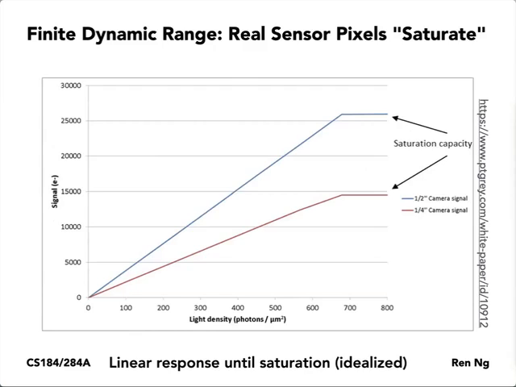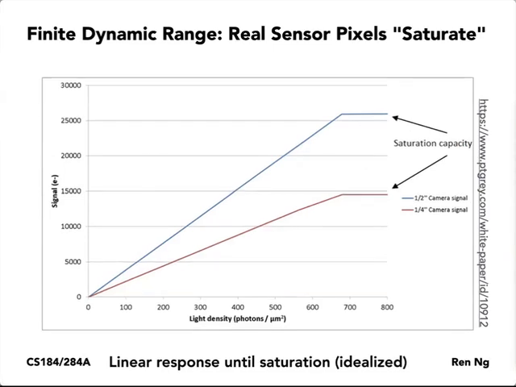And this picture shows the saturation effect, okay? So again, as light increases, light density, photons per square micron here. Square micron is pretty close to proportional to the size of a typical pixel in a CMOS sensor. As the light level increases on the horizontal axis, the signal in terms of electrons that are captured at the pixel is also increasing linearly until there's this breaking point here, as you can see, okay?